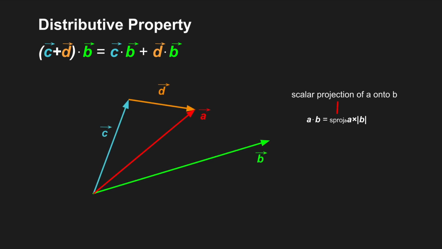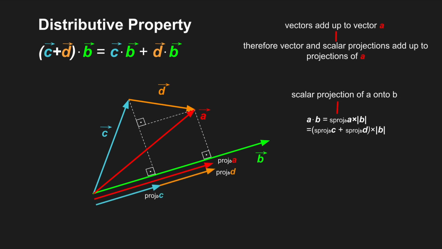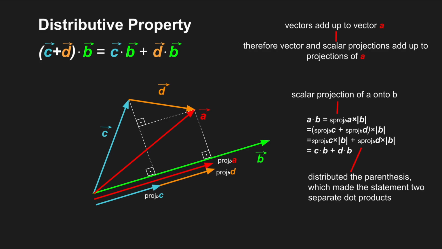Now, we have vector A and vectors C and D that add up to make vector A. What's important to see here is that the vector projections of C and D sum up to the vector projection of A. Since the scalar projection is just a way of representing a vector projection with a scalar value, scalar projections of C and D also sum up to the scalar projection of A. Now, it's obvious that we can distribute the brackets. And now, we can see that the sum of these two dot products is equal to our original dot product.